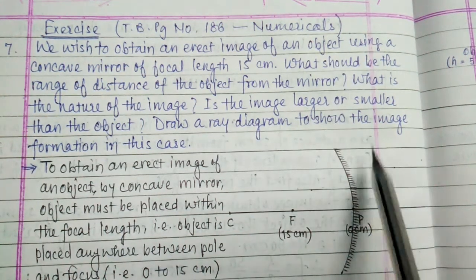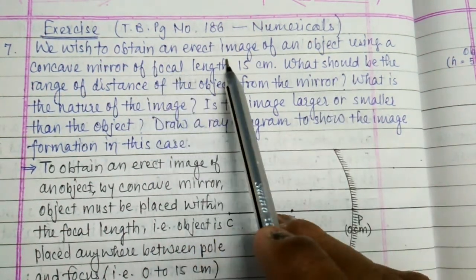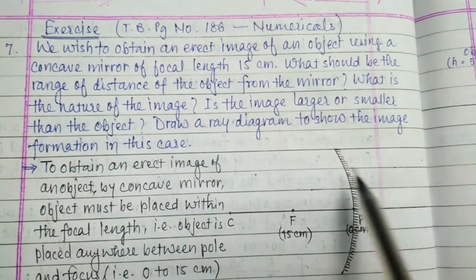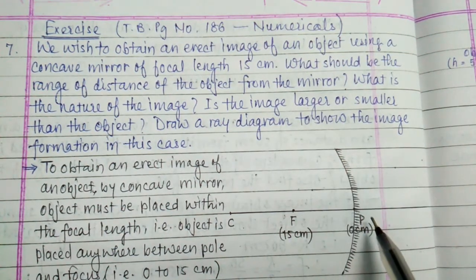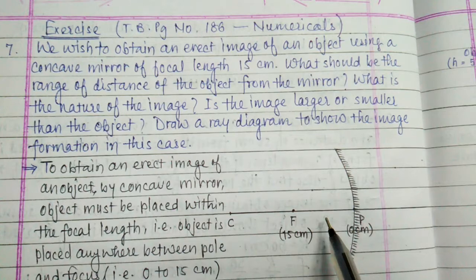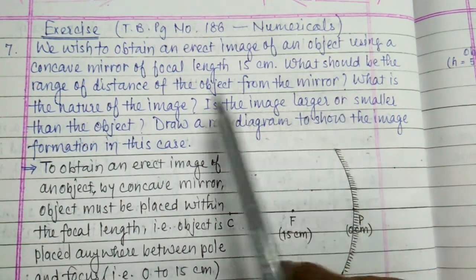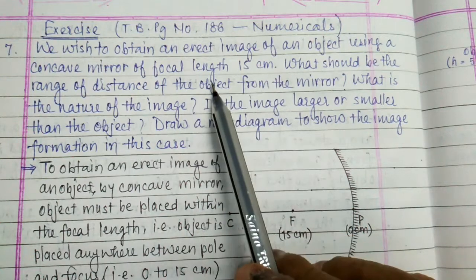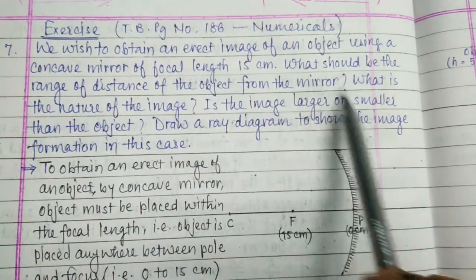If we wish to obtain erect image, so when erect image is obtained due to concave mirror, when the object is placed within the focal length, it means between 0 to 15, then we have an erect image.